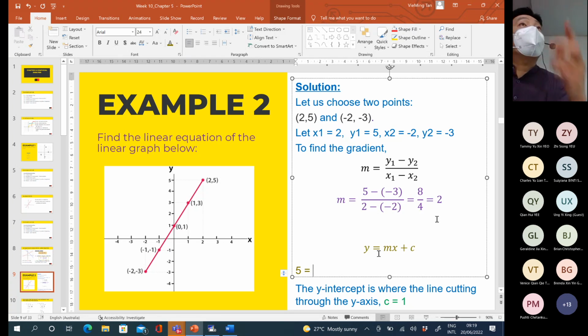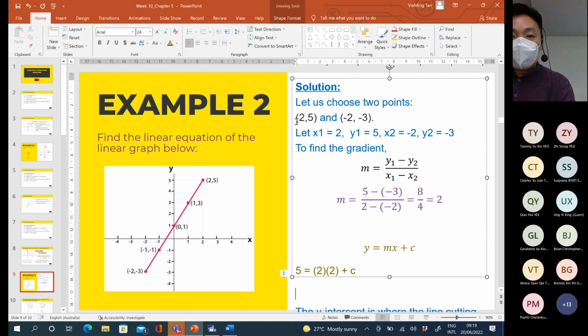M is 2, right? We already calculated just now, so put here 2. X, since we already chose this number as y, that means for the x value we should choose this value, 2. So from there, we are able to identify the c value. Simplify this.